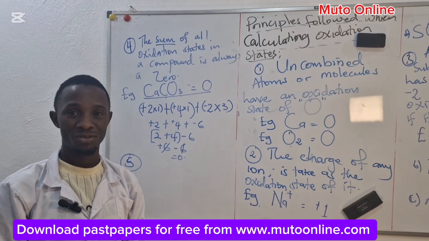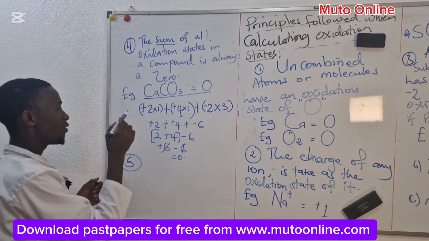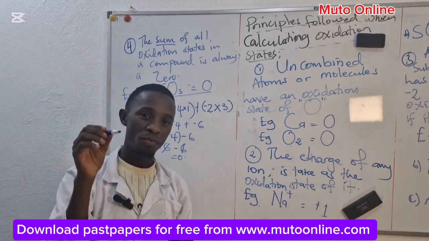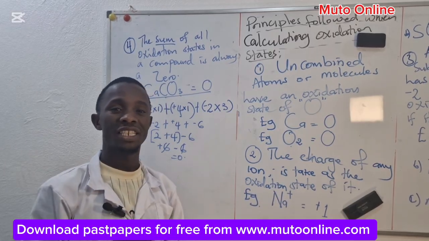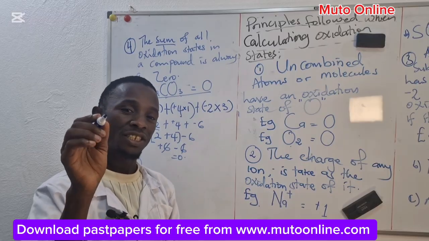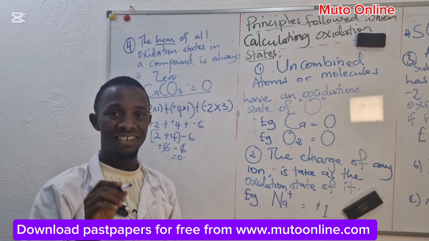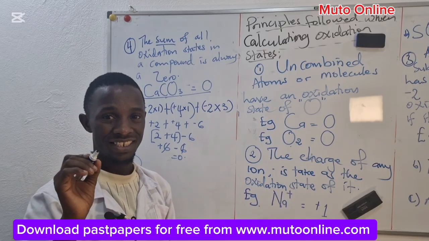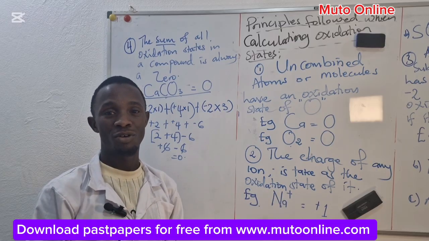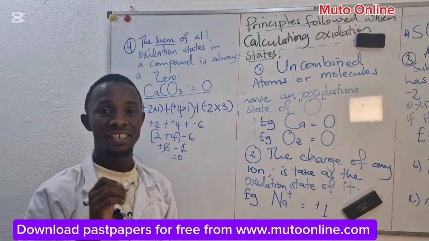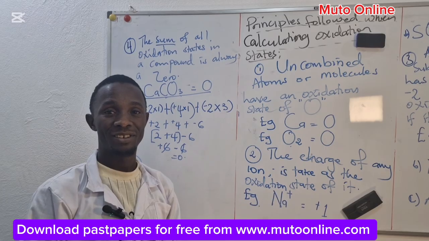I repeat for you. The oxidation state of each of the atoms in a compound is the number of electrons on the outermost energy level the atom needs to gain, lose, or share so as to get a stable state or structure.